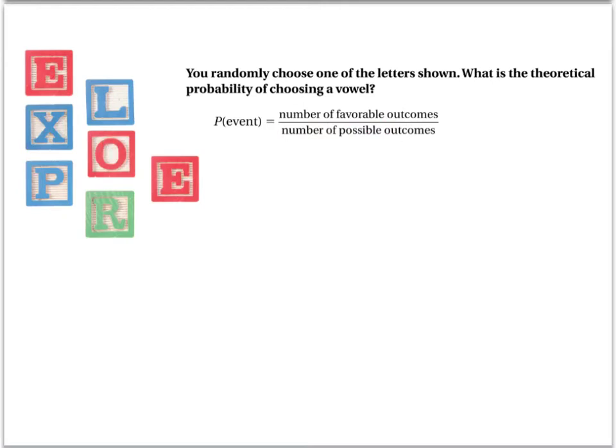There is a total of 7 possible outcomes, and I want to know the theoretical probability of choosing a vowel. Well, there are 3 vowels here, 1, 2, 3, the red ones, so my favorable outcomes would be 3, and as I said, possible outcomes is 7, so 3 out of 7 is my theoretical probability of choosing a vowel.